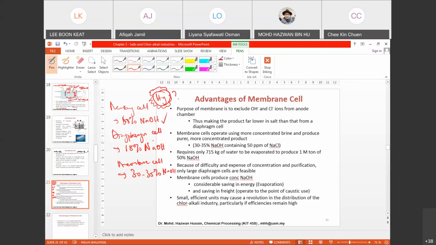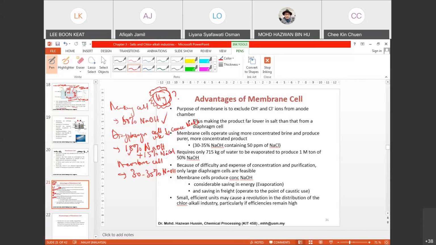All right. So the diaphragm cell is also of interest. It can use a less concentrated sodium hydroxide, but the problem is the amount of sodium hydroxide produced is lower, and at the same time you will have around 15% sodium chloride byproduct.